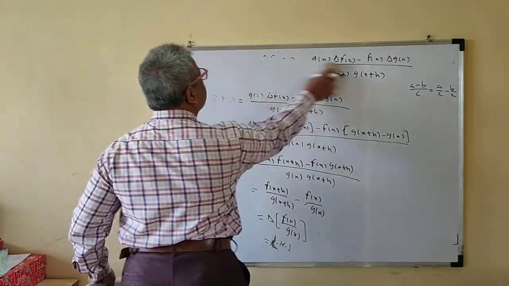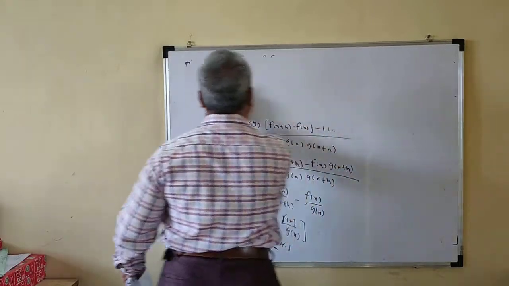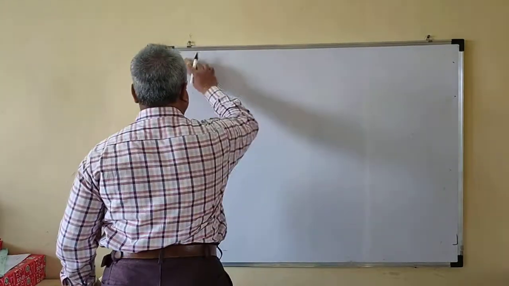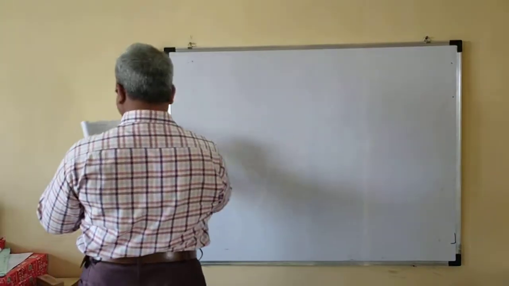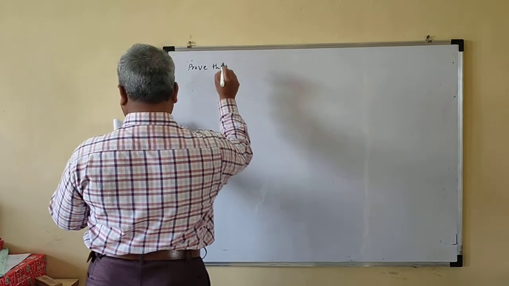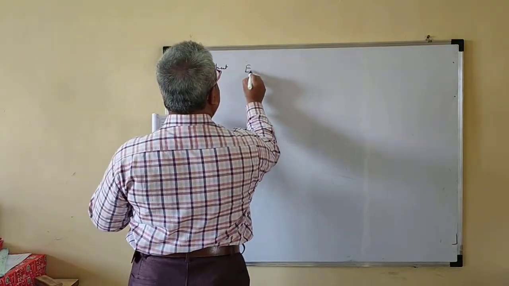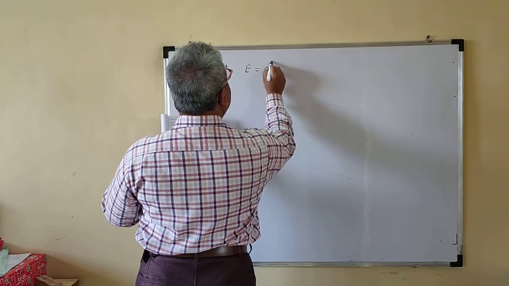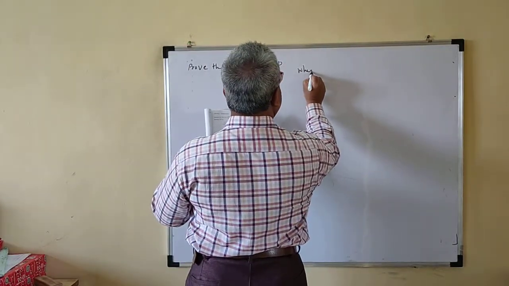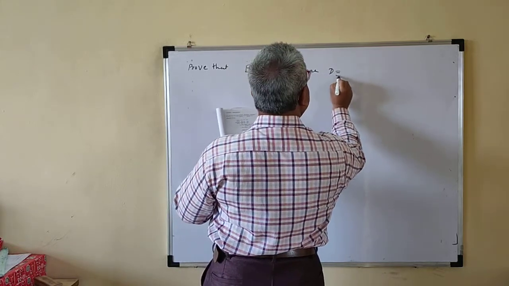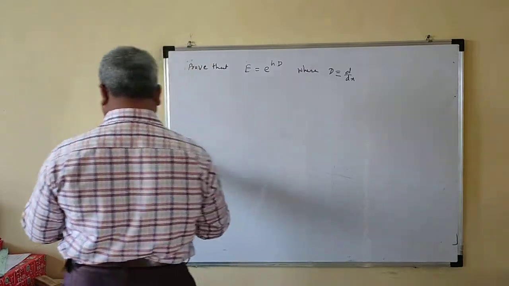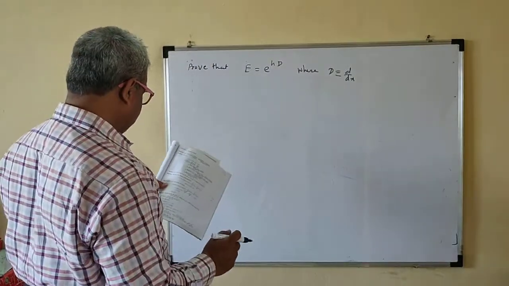Now, next. Prove that E raised to hD, where D is equivalent to d by dx. Okay.